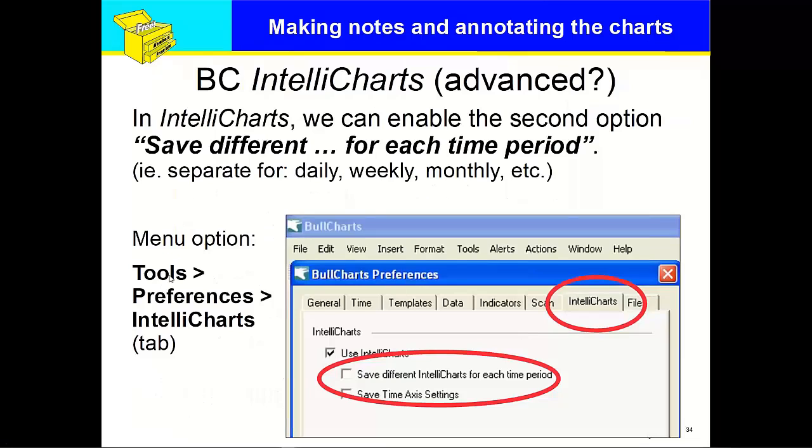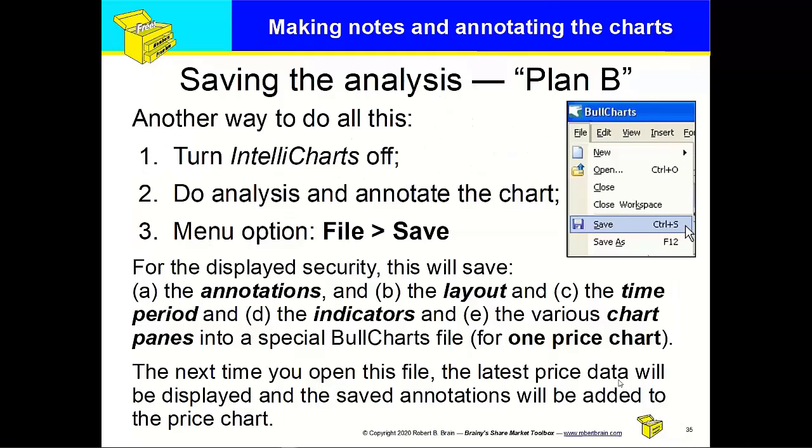All you do, follow the menu option, and that first tick box, use IntelliCharts, just untick it. That will turn off IntelliCharts. And you can at any time come back and turn it on again. It's easy to do, no drama. And if you want to find your IntelliCharts files for whatever reason, tonight I'm not planning to show you where that is or how to find it. We can do that if someone asks, but I've not included that in this presentation.